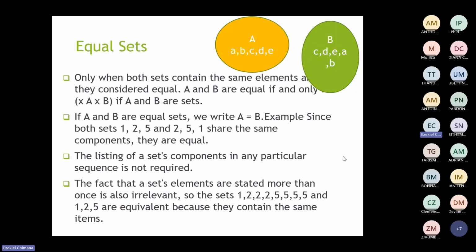A proper subset is just a special type of subset. In general, whenever something is a subset of a set, it means it contains some elements which are also in the other set.